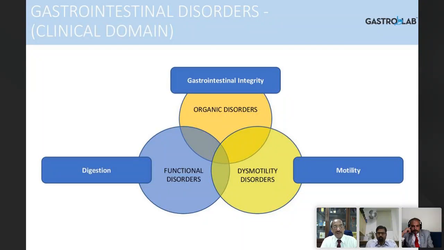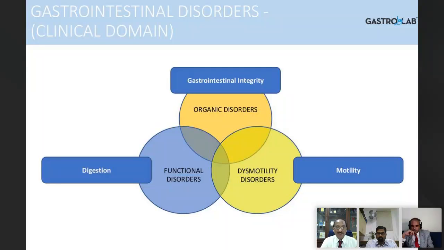And these functional disorders definitely hamper the digestion process in the body. And then superimposed on this group is dysmotility disorder, where the motility of the GI tract is affected. Even though clinically you call them 3 different entities, they are not watertight compartments. They always overlap with each other. So please remember, one patient may have an organic disorder along with dysmotility and a functional disorder.